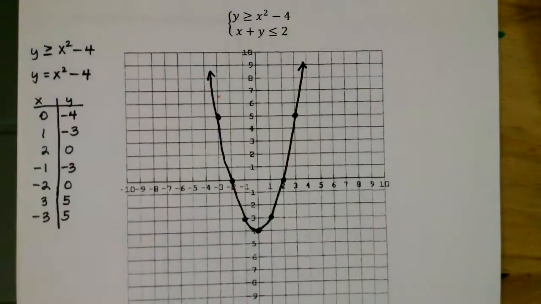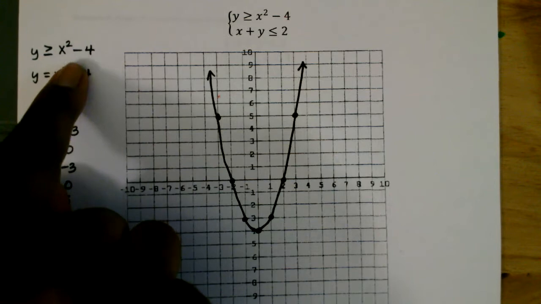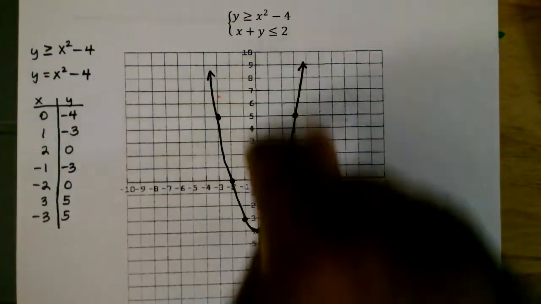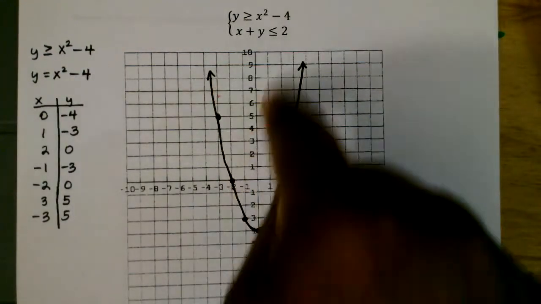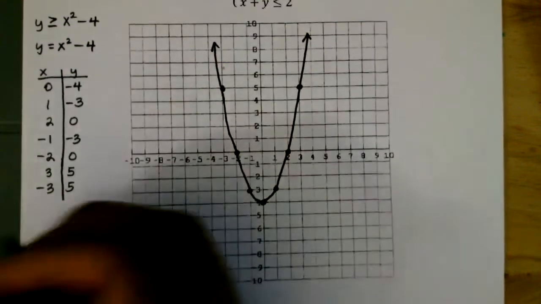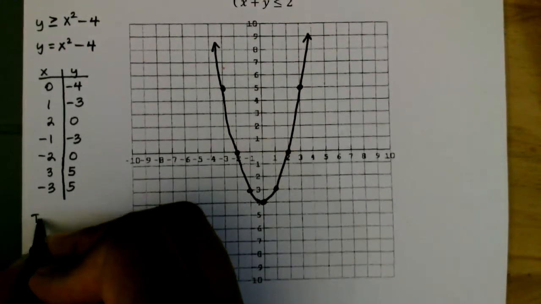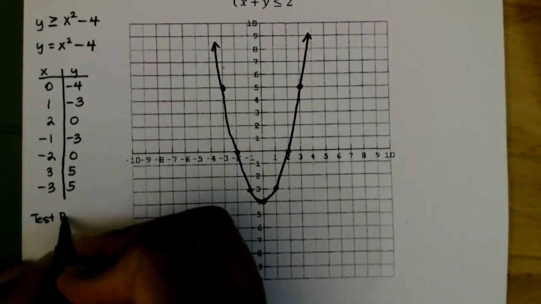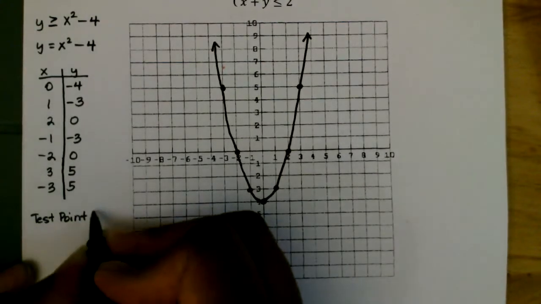In this case, it's a parabola, so we have y is greater than or equal to something. That means we can shade above this parabola. Now, of course, you can do a test point if you wanted to. But we'll go and do a test point anyway to convince you that you're going to have to shade above.